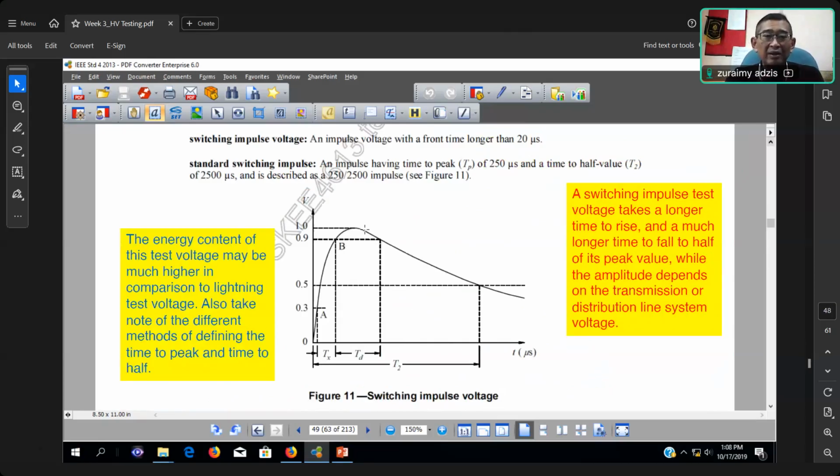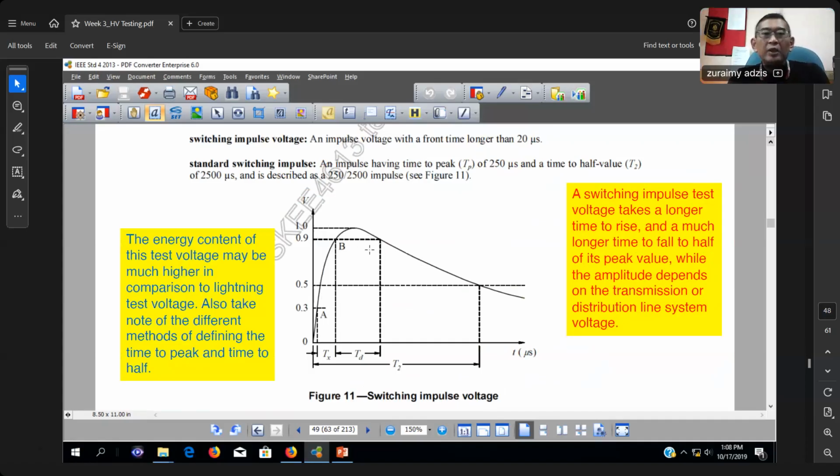On the next slide is switching. And switching, well, it looks the same, it is still an impulse, but the shape is not that steep, because it takes 250 microseconds to rise to the peak, and even the peak depends on the voltage system.